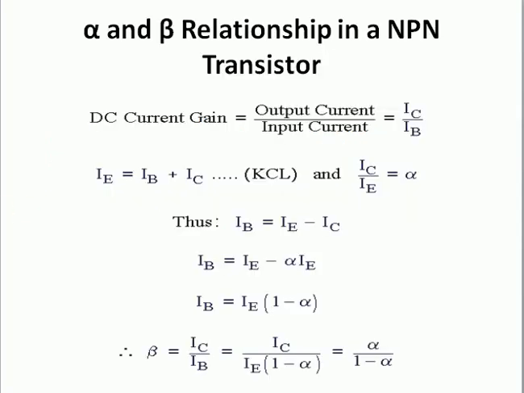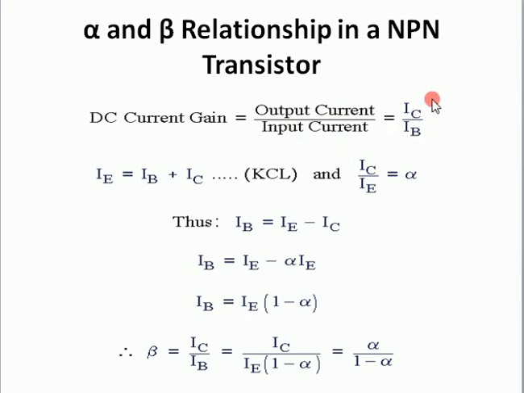So now the relationship between alpha and beta. First of all, what is alpha, what is beta? Remember from your previous lecture that alpha is equal to IC over IE, while beta is equal to IC over IB. The DC current gain, if we see our figure, is output current over input current.